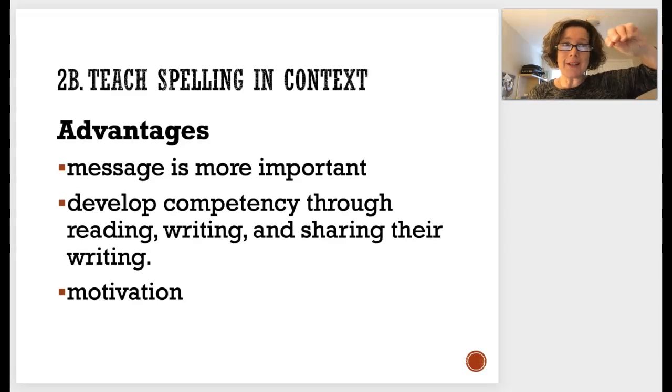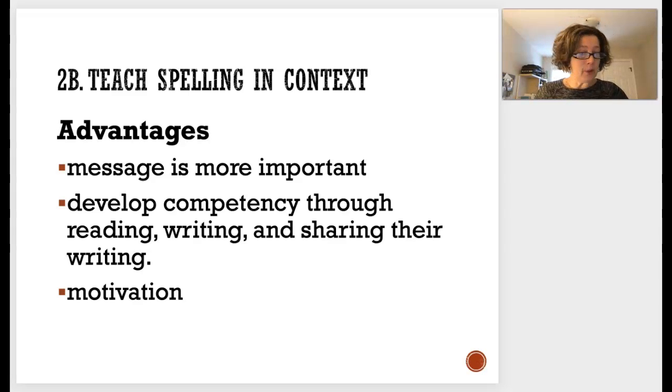It goes in, we pound it out for the test, and then we forget it. By developing their spelling skills in context, it builds a repertoire of spelling strategies, and they're not reliant only on memorization.